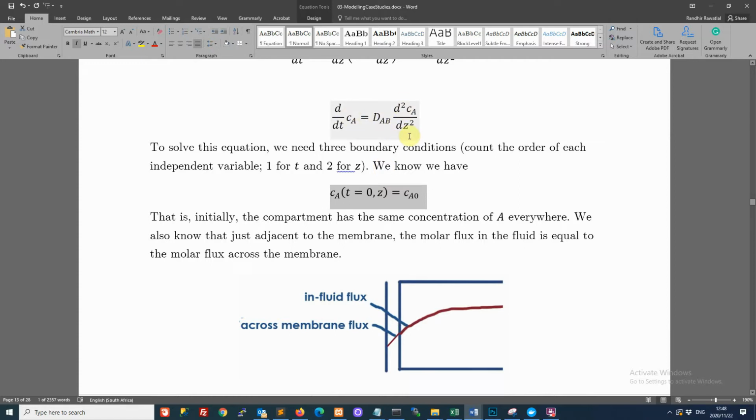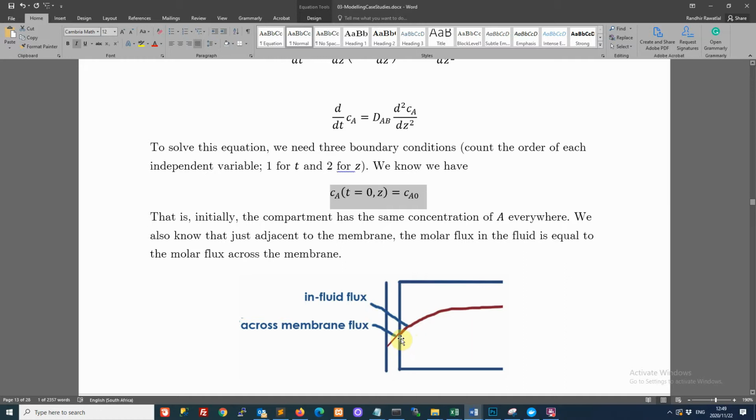So here's another boundary condition. Here we are saying that just to the right of this position z equals 0, right? So here's the compartment that we are modeling. Of course, there's another compartment on this side, and then this is the membrane in between. So this membrane has thickness lowercase delta, right?